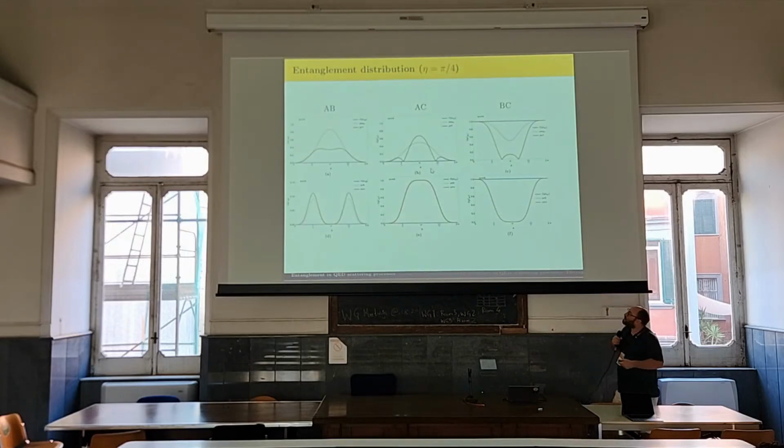We have a series of plots that summarize our main results. Depending on the initial entanglement weight, we have the blue line that represents the initial concurrence in the BC channel. And as we can see, the fundamental interaction acts like a pump that sucks the initial entanglement in favor of the A, B, or AC channel.